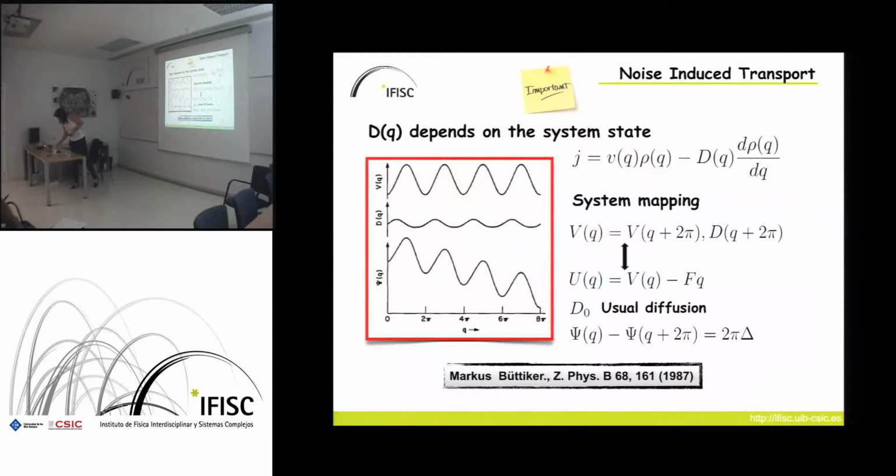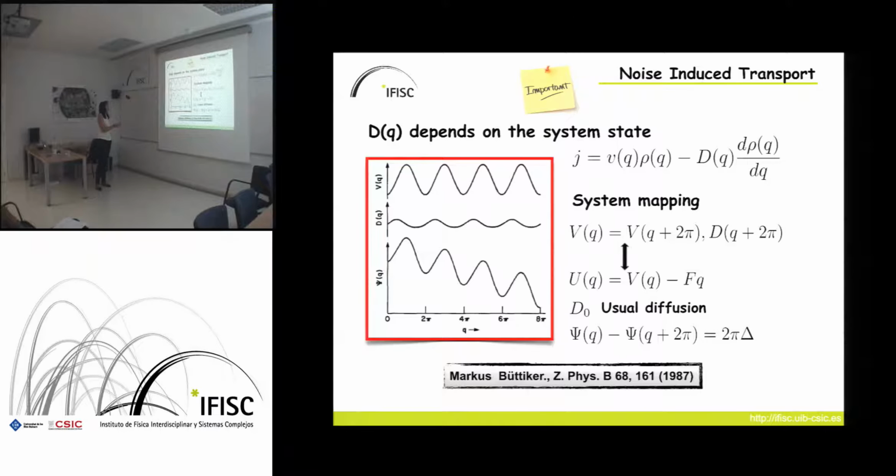More specifically, one can consider a potential that is periodic, like this. Then one can consider as well a diffusion that depends on Q. We can allow them to have the same period, but at different phases, out of phase with each other.